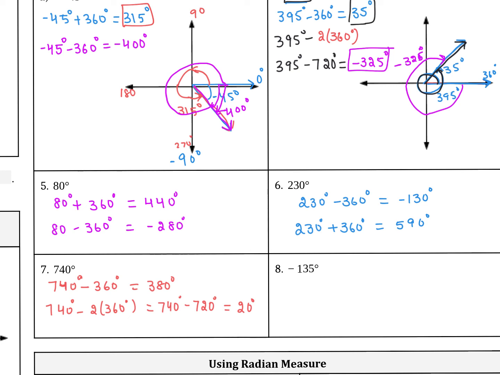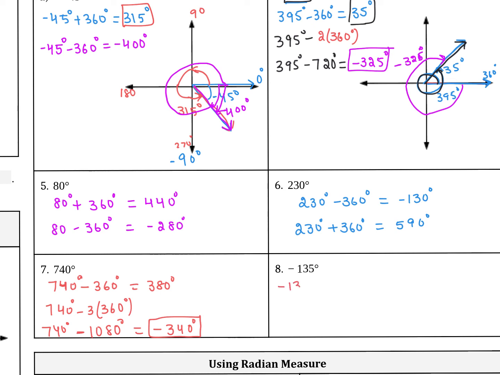So we are going to erase all of that because we are not getting negative yet. Now we are going to subtract 3 times 360. It means you're subtracting 1080 from 740, and that gives you negative 340. You can subtract or add as many 360s as you want to find one positive and one negative.